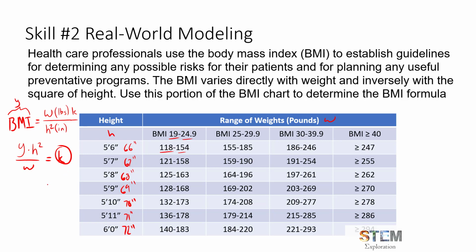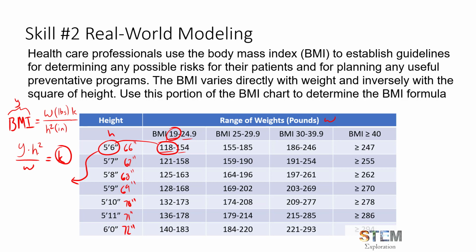So now I'm just going to pick some values and see what happens here. So let's use 5'6" with a BMI of 19 and 118 pounds, because the 19, my assumption, is going to correspond to that. So let's go. I'm going to test a few values here and see about where that constant of variation is. If I go 19, that's going to represent the Y here.